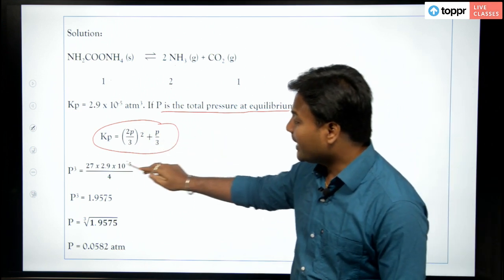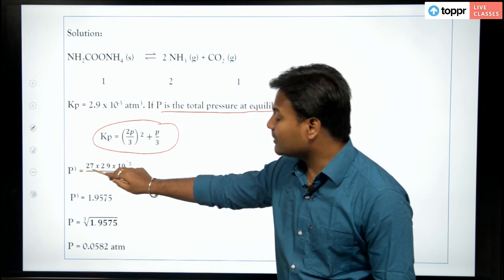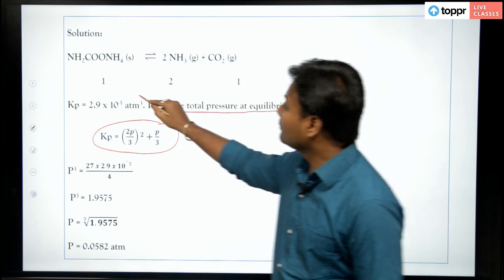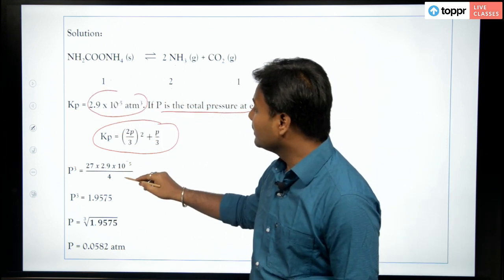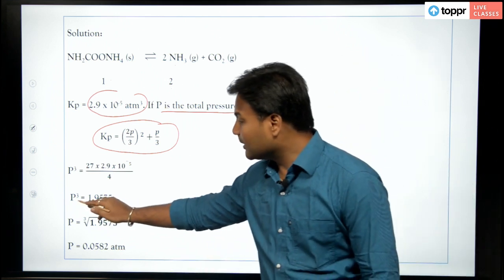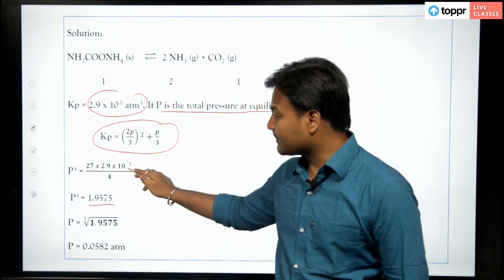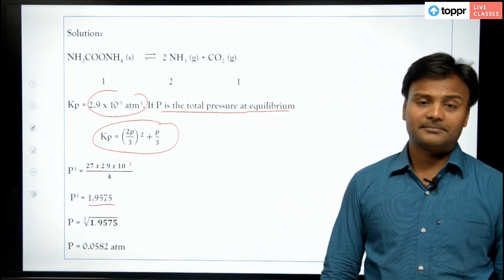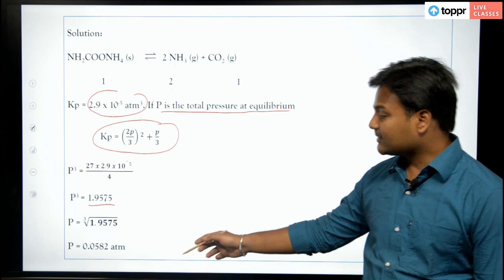So, this is where you get P cube equals 27 times the value of Kp by 4. So, you have P cube, which is the value after substitution you get this value, then P equals the cube root of this. So, what is the answer?